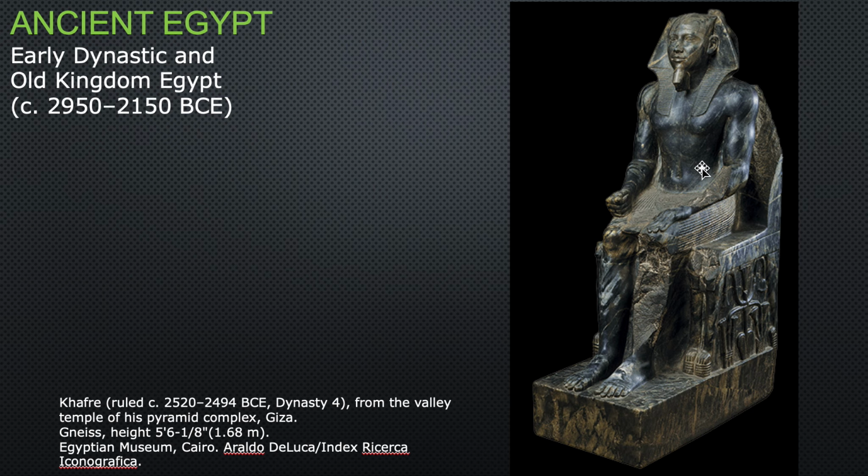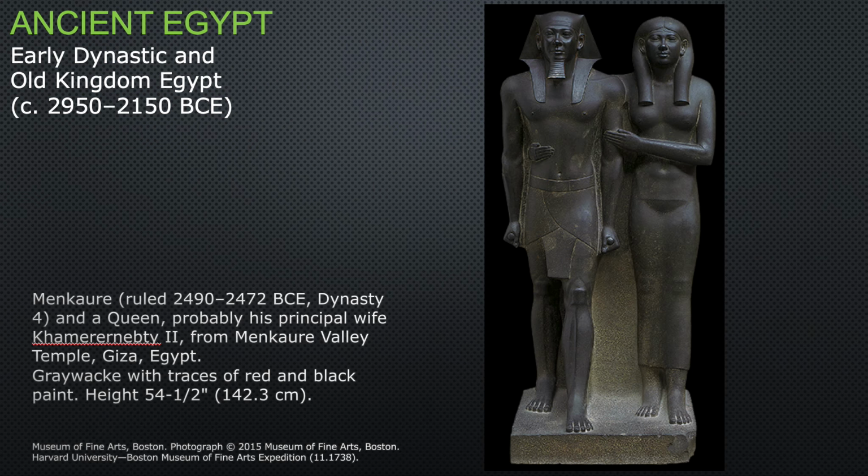From the top of his head to his waist should be so many fists. Once you determine the size of the fist, then everything else is automatic. It's just a matter of formula. And that's the canon of proportions. This is not necessarily a likeness. It's too idealized. We cannot know at all what Khafre really looked like.